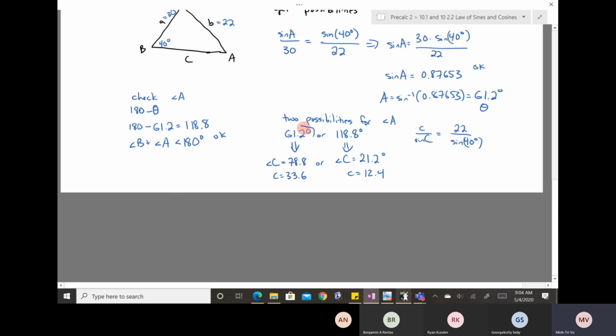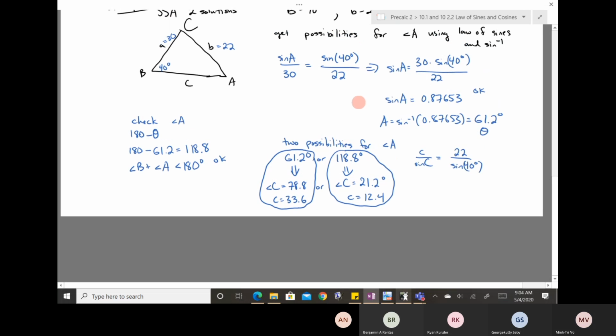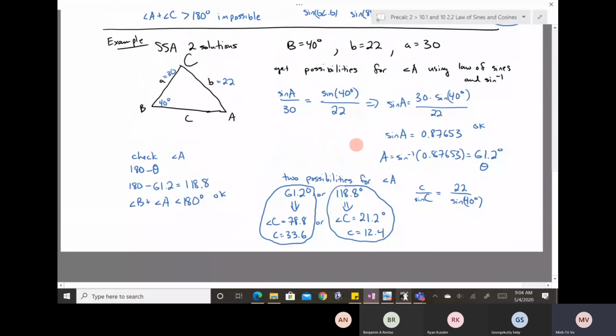Okay, so those are the two solutions. You have to solve them separately because when A is different, angle C is also different in both cases.